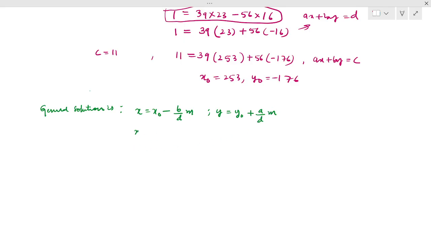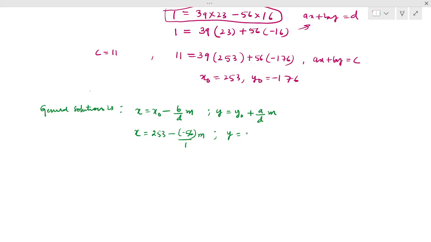Just substitute the value. M is an integer. x0 is 253 minus b value, 56, divided by d value 1, into m.